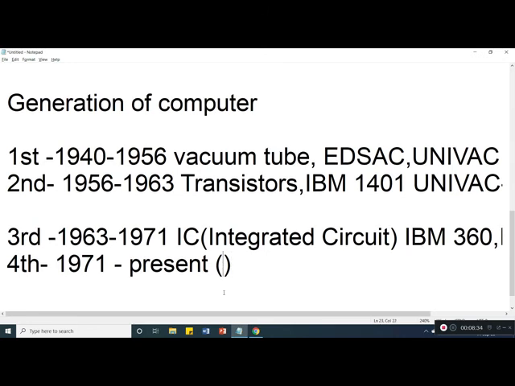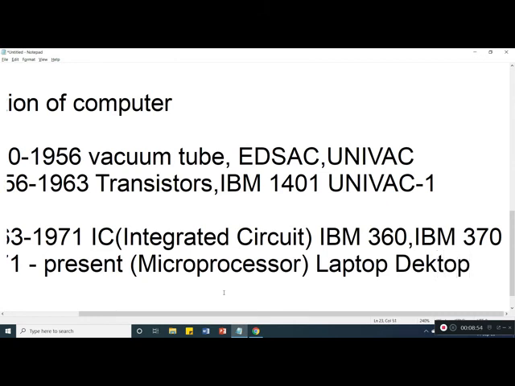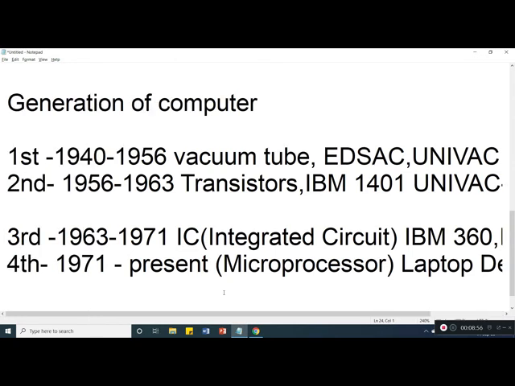We use processors like the Intel processor, and all of them are computer processors. Examples are laptops and desktops. The fifth generation will be artificial intelligence, present and beyond.